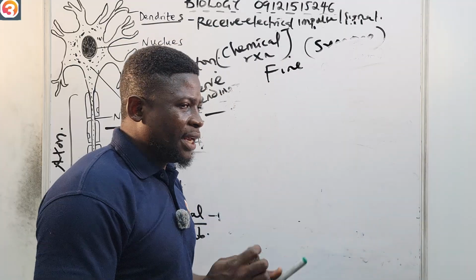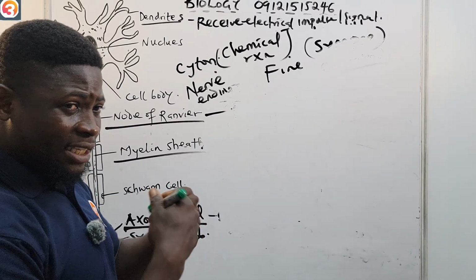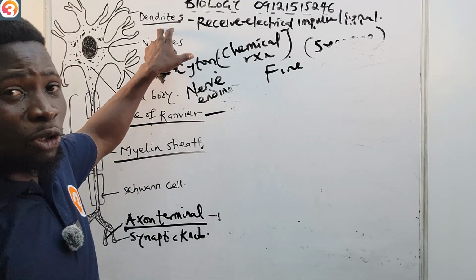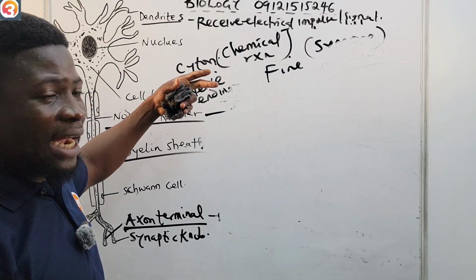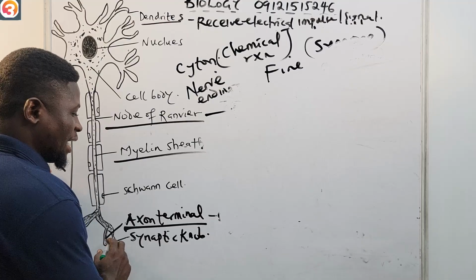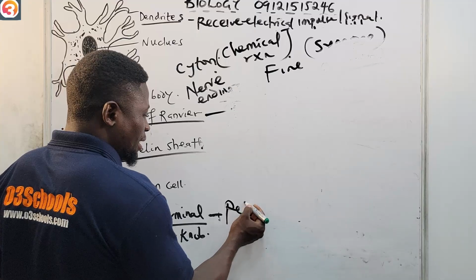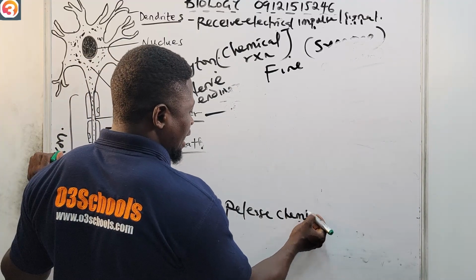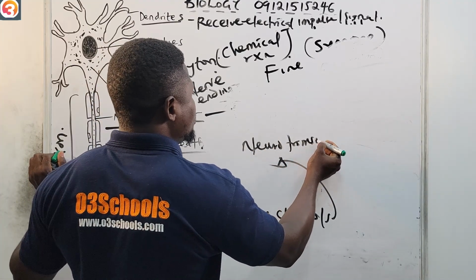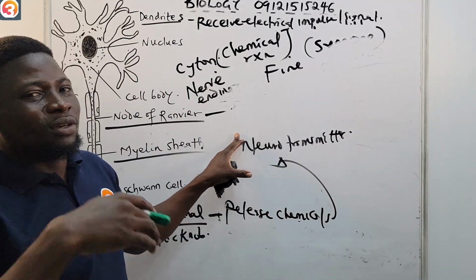In summary, first of all, once the electrical signal or the stimulus comes, our receptor perceives it and passes the signal to the dendrite. From the dendrite, it goes to the cyton, then gets to the nerve ending. And once it gets to this axon terminal or the nerve ending, the axon terminal will release chemicals known as neurotransmitters.